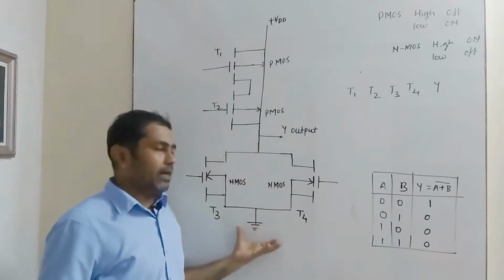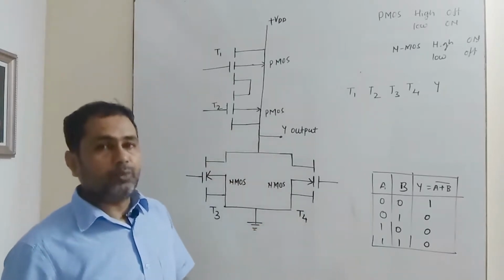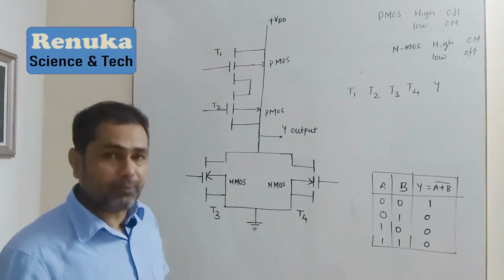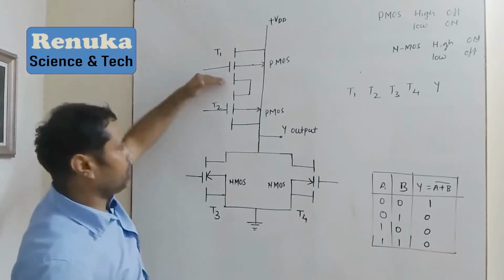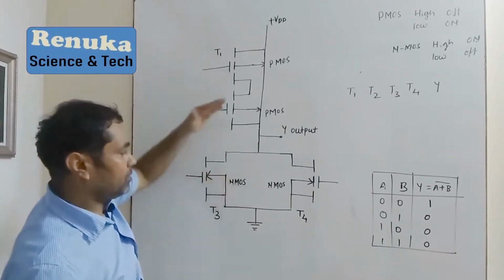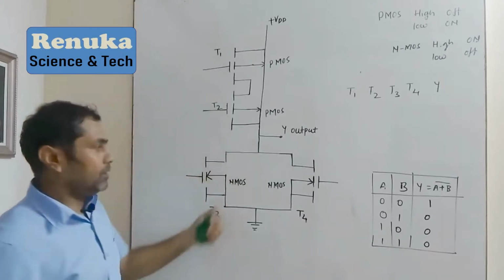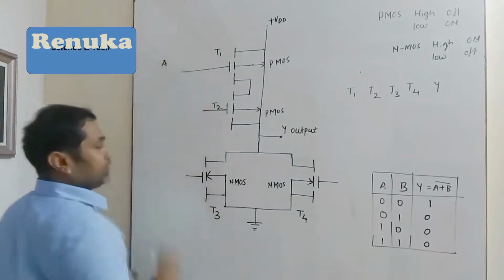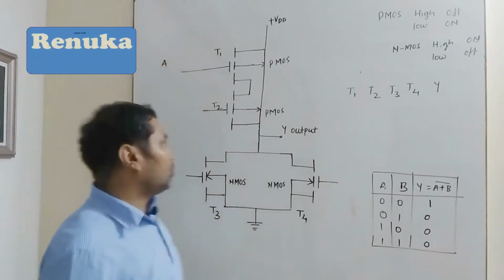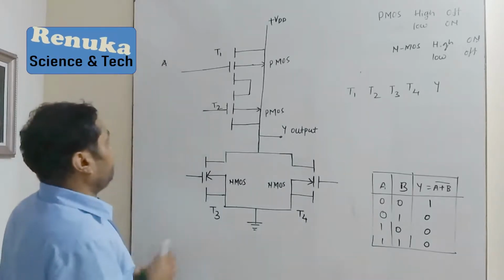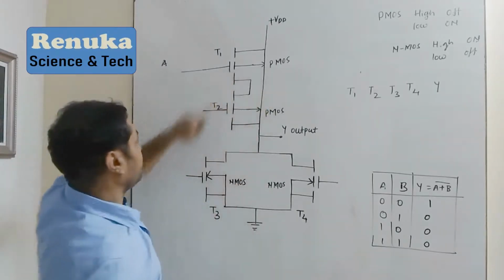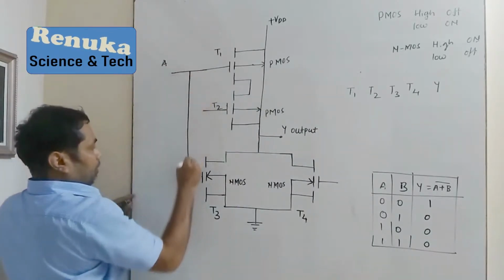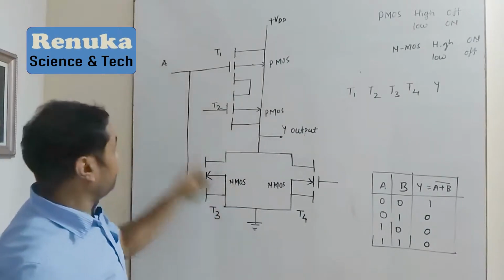Now as we know these are CMOS, that means the inputs of these switches or transistors must be connected in complement fashion. So if you have a PMOS, then the other device should be NMOS. So let us construct the complementary connection. Suppose this is your A input. We are considering only a two input NOR gate. If the A input is connected to a PMOS gate, then we have to connect the NMOS to the A input.